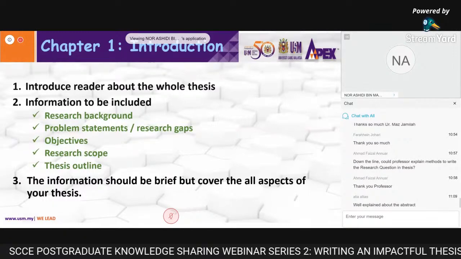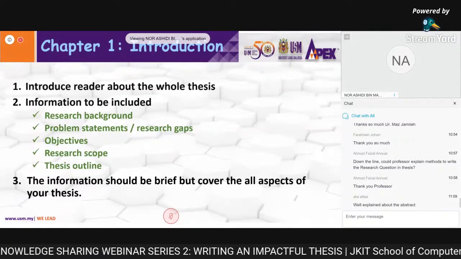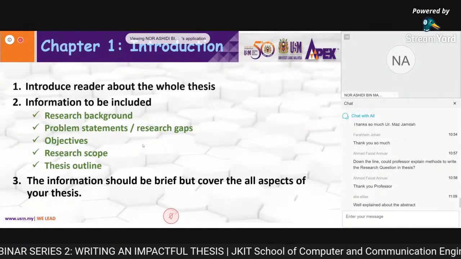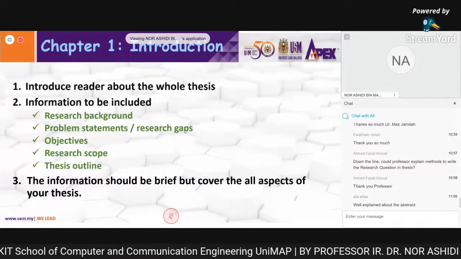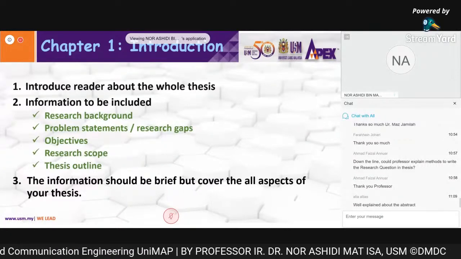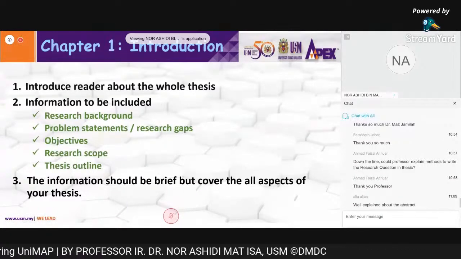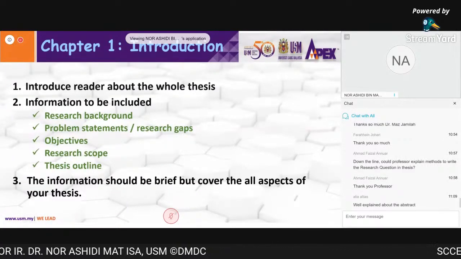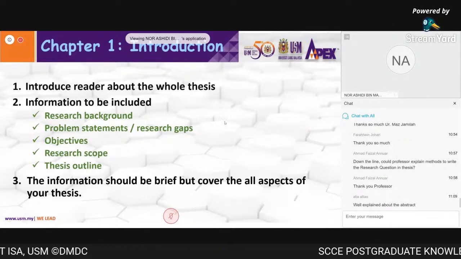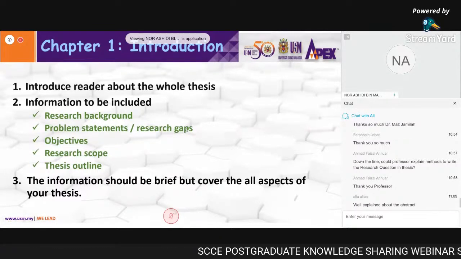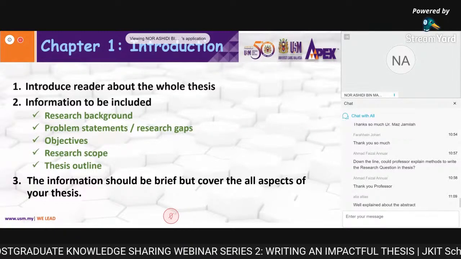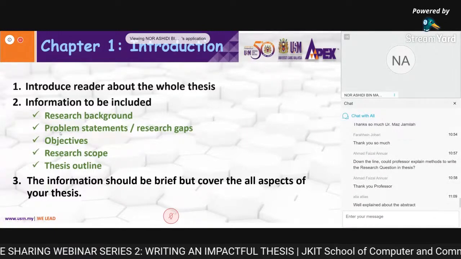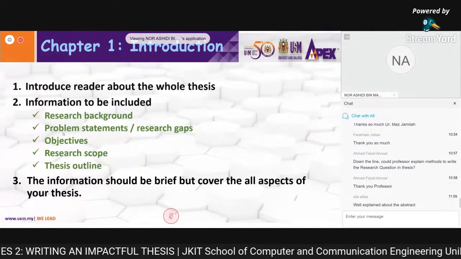Because chapter 1 is actually meant to introduce the whole thesis. So the problem statement is actually a summary of your chapter 2. Because in chapter 2, you do all those reviews and critiques, and then whatever main idea and main content you get in chapter 2, you put it under the section of problem statements.